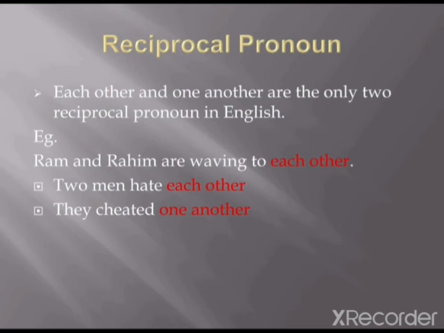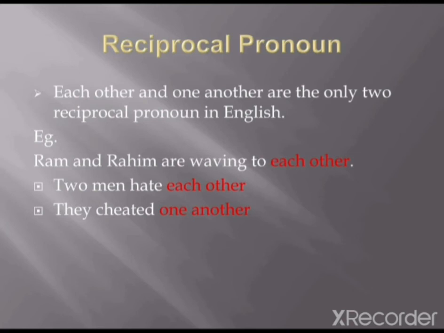A reciprocal pronoun is used to shorten a long sentence by not repeating the same action done by two or more people. For example, Ram is waving to Rahim and Rahim is waving to Ram. Instead, we must say Ram and Rahim are waving to each other. Another example, two men hate each other. They cheated one another. It means they are many and all cheated one another.